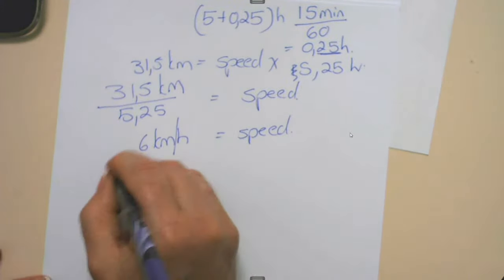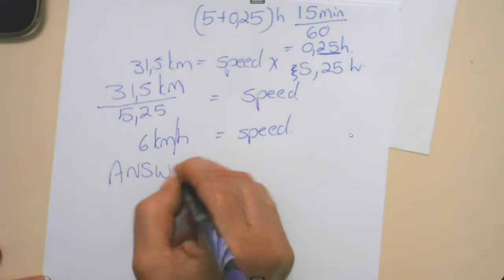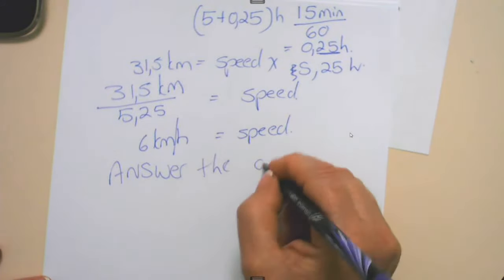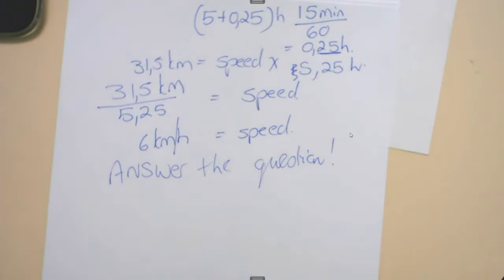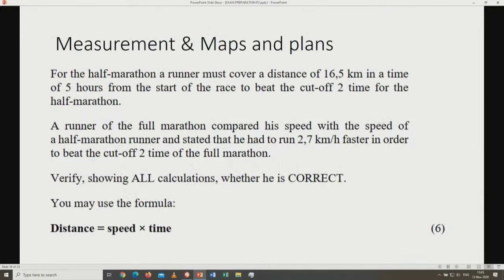Now, remember to answer the question, by looking at what they asked us. This guy said he had to run 2.7 kilometers per hour faster to beat that time.